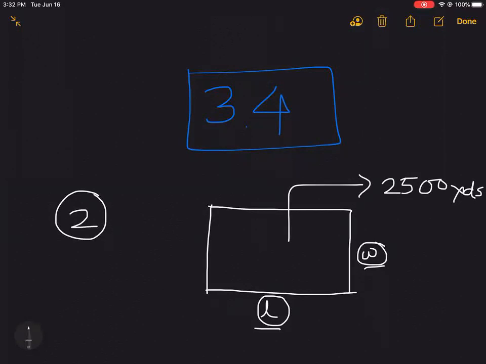Now here you actually need to use your common sense rather than mathematics. When you're trying to fence a field or anything where you're trying to enclose the entire area with that fence, what that means is we are actually looking for the perimeter.